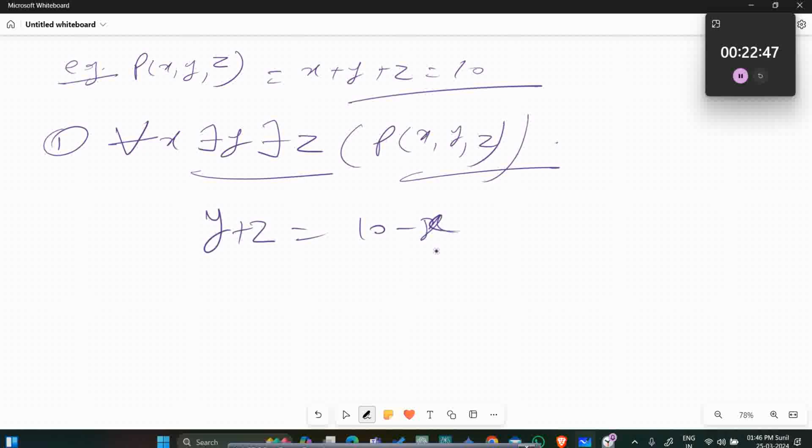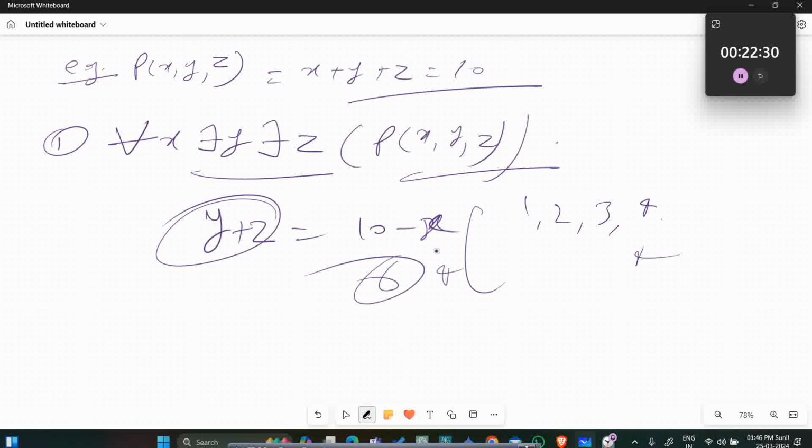So for all x, let's say x has values 1, 2, 3, and 4, we can find some y and z for which this is true. Let's say x is 4, then y plus z equals 6, so 2 plus 3... So this is correct, I think, yes.